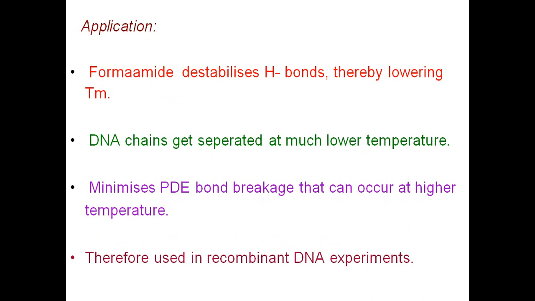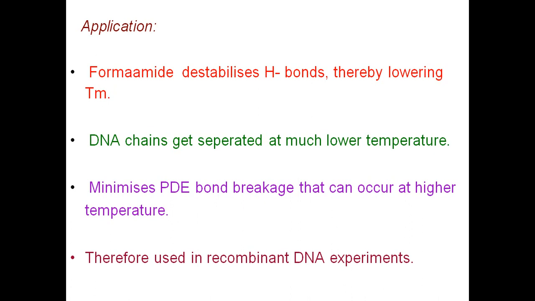So an application of this melting temperature and denaturation is formamide, a compound that destabilizes the hydrogen bonds, thereby lowering the melting temperature.